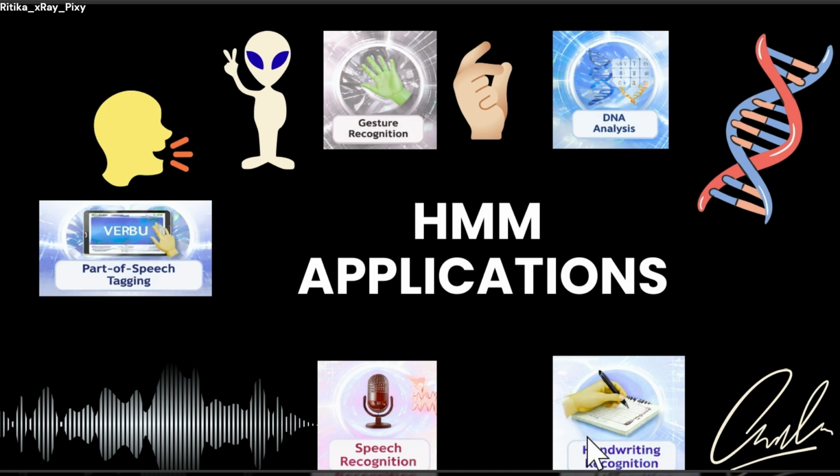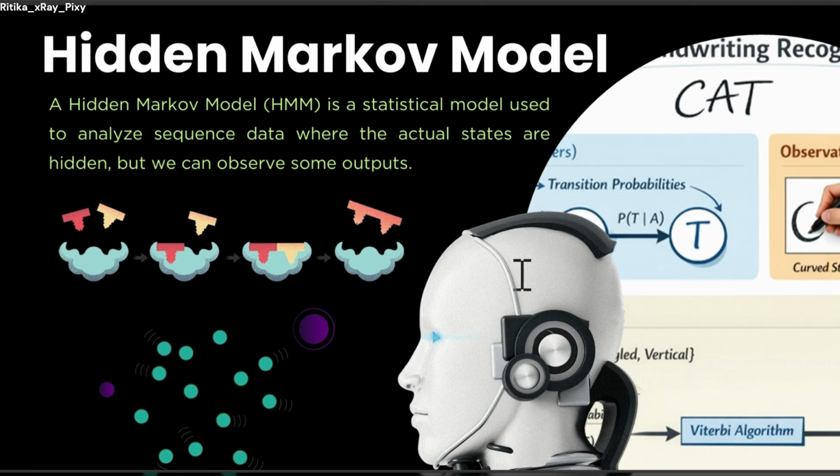HMM is widely used in applications such as speech recognition, handwriting recognition, natural language processing, bioinformatics, gesture recognition, and more. Although modern AI models like deep learning and transformers are now more common, HMM is basically used for sequence modeling in AI.